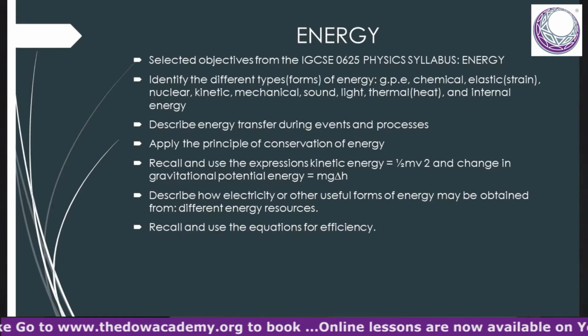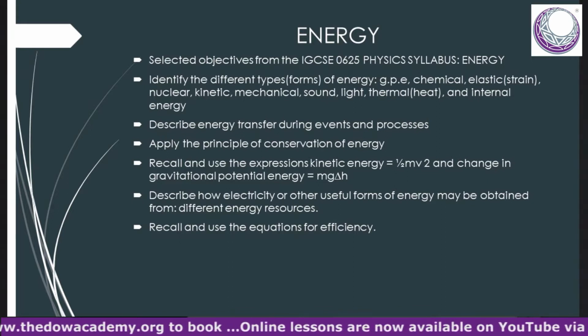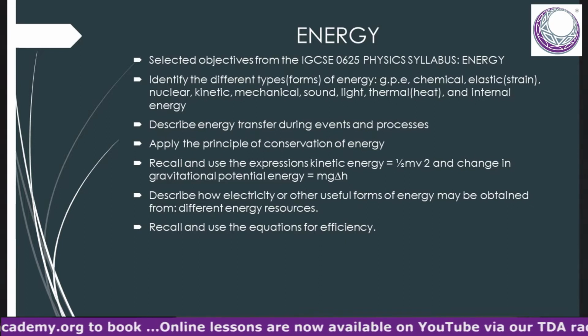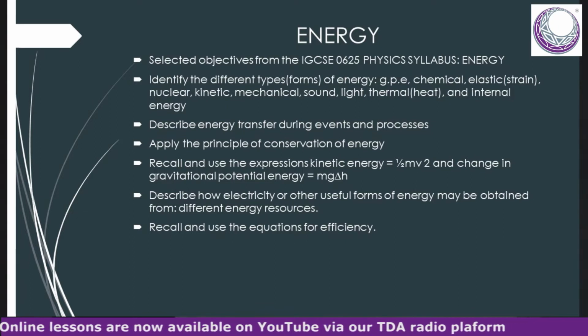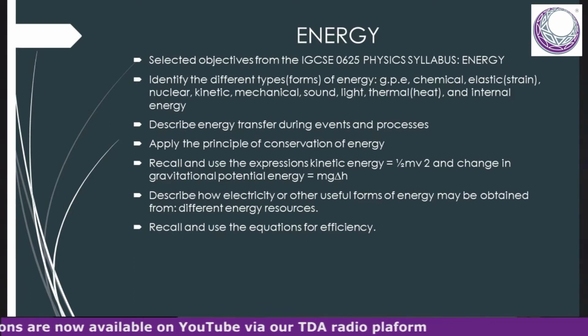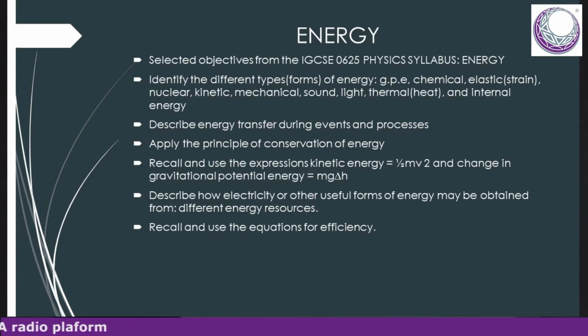This is energy changes. We are required to apply the principle of conservation of energy. We are also required to do some calculations on energy, where we use the expression that kinetic energy, KE, equals half mv squared, and change in gravitational potential energy equals mgh, with a change in height.